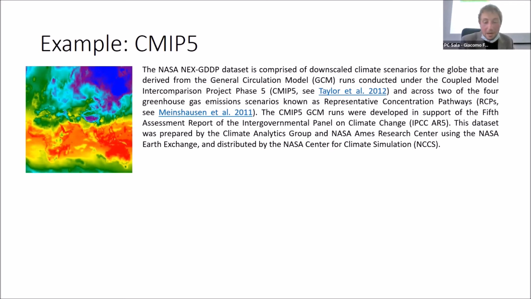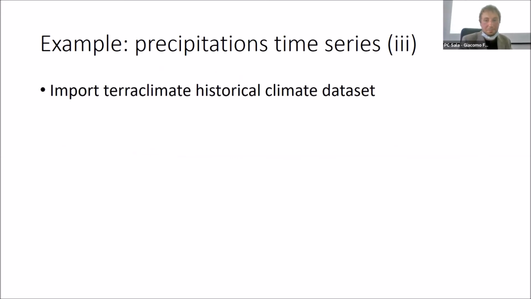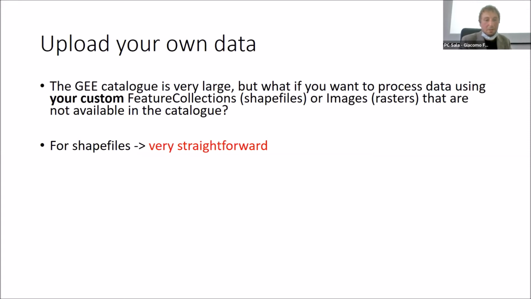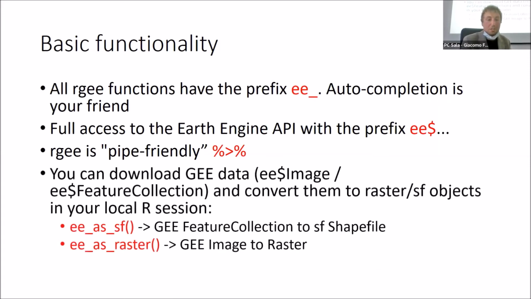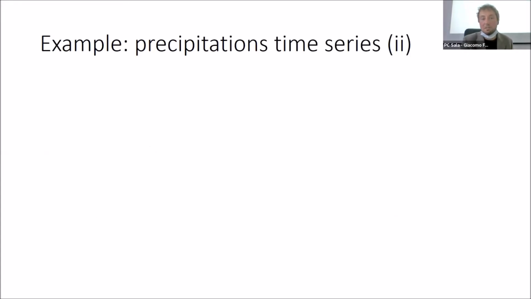Yes, I was indeed showing before that if you want to download it for any reason, you can use the ee_as_raster function, and this function will download the actual raster files either to your local computer, or you can also set it up to do it on your Google Drive, which however can be heavy. So it depends on you. If you really want the raw data, you can obtain it with ee_as_raster, for instance.